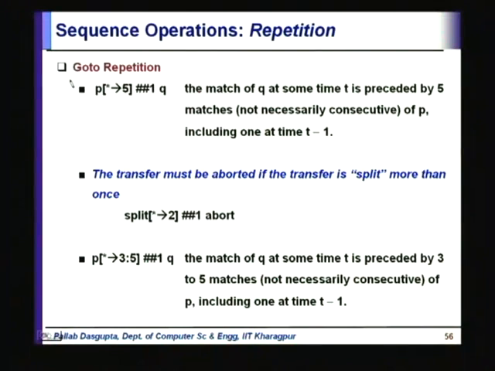That immediately abort the transfer is what warrants us to use the go to repetition, that immediately in the next cycle abort should take place. Okay.